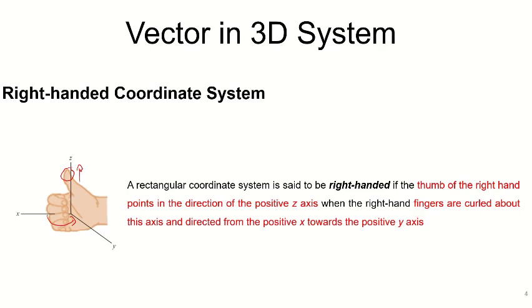Then the right hand fingers are curled about the z-axis and directed from positive x towards positive y. So this is the positive x and this is the positive y.